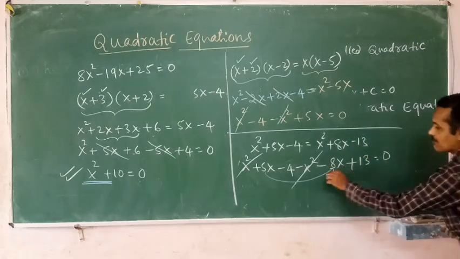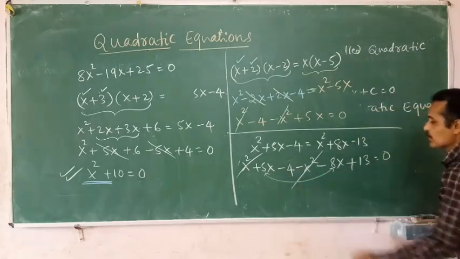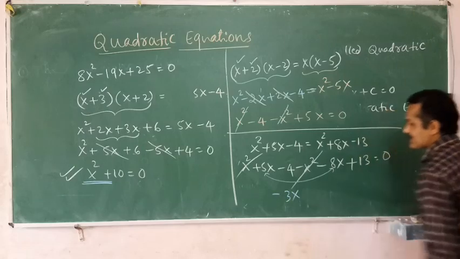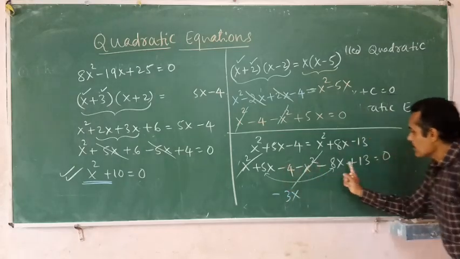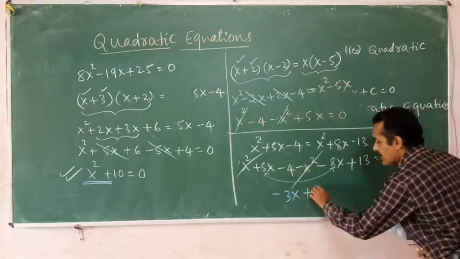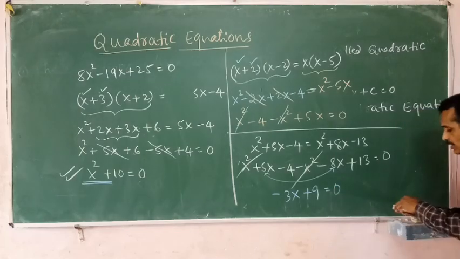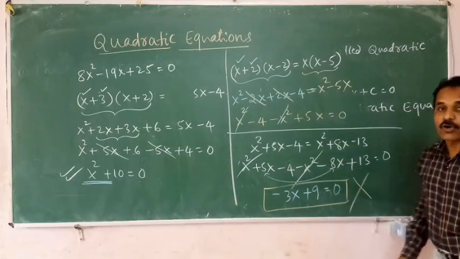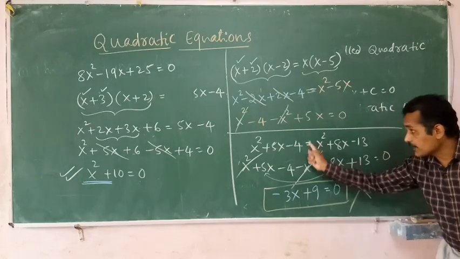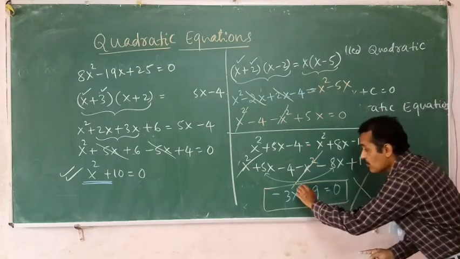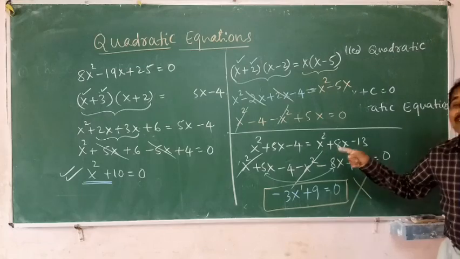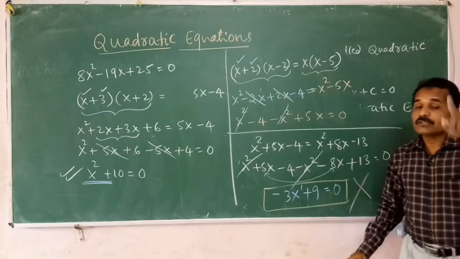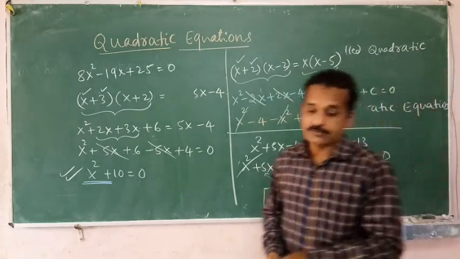Plus 5x minus 8x gives you minus 3x. Minus 4 plus 13 gives you plus 9 is equals to 0. My dear children, this is definitely not a quadratic equation because after the simplification, the highest degree becomes 1. So this is a linear equation but not a quadratic equation.